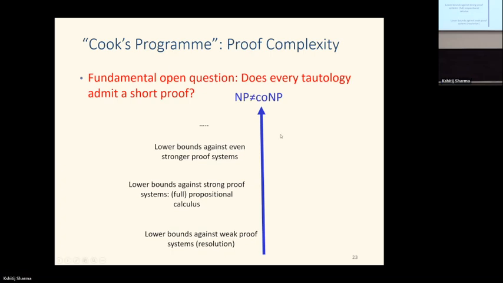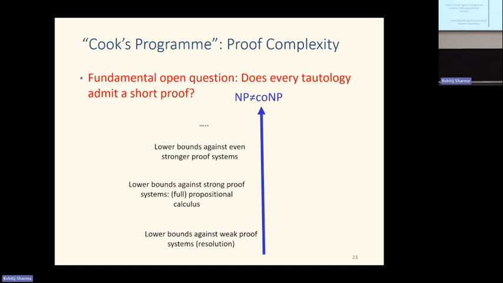So the fundamental question of proof complexity, or one of the major questions, is: does every tautology admit a short propositional logic proof? And in the limit, if we can show it for stronger and stronger proof systems, I get NP is unequal to co-NP, and hence NP is unequal to P.